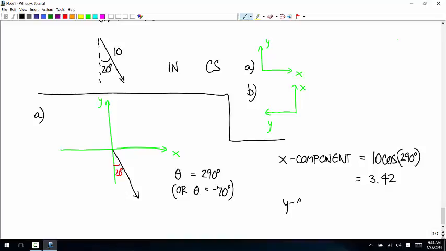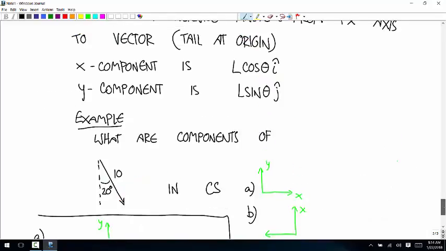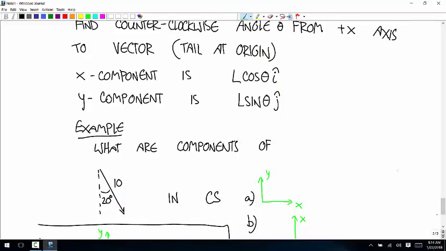And the y component is 10 times the sine of 290, and that is negative 9.40. Yes. To see stuff before? Okay, I'm going too fast.